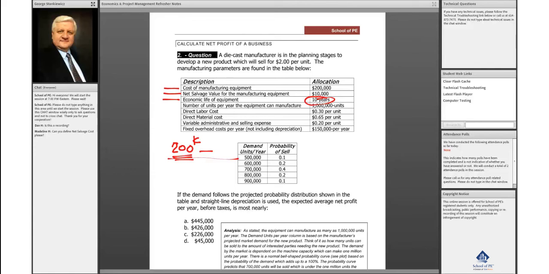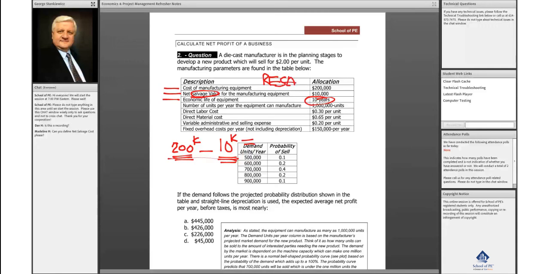Let's say we call a scrap vendor up and they say, I'll give you $10,000 for that piece of equipment. That's the scrap value, let's say. You can call it a salvage value, a scrap value, or resale. You can sell it.